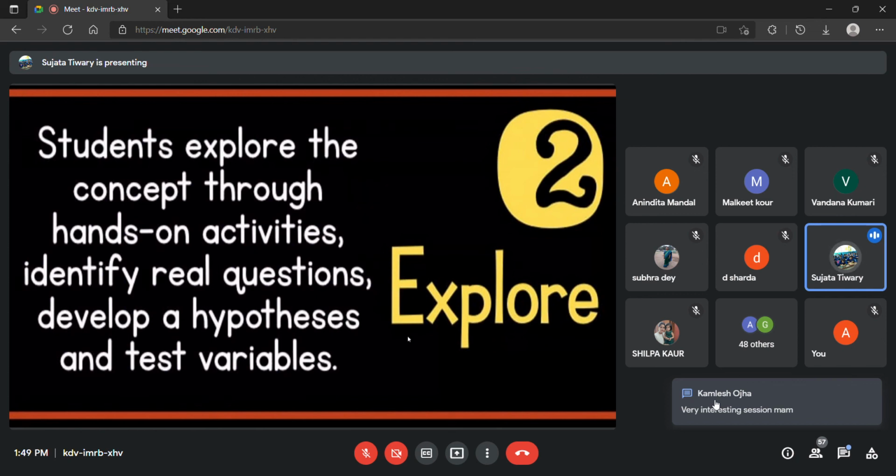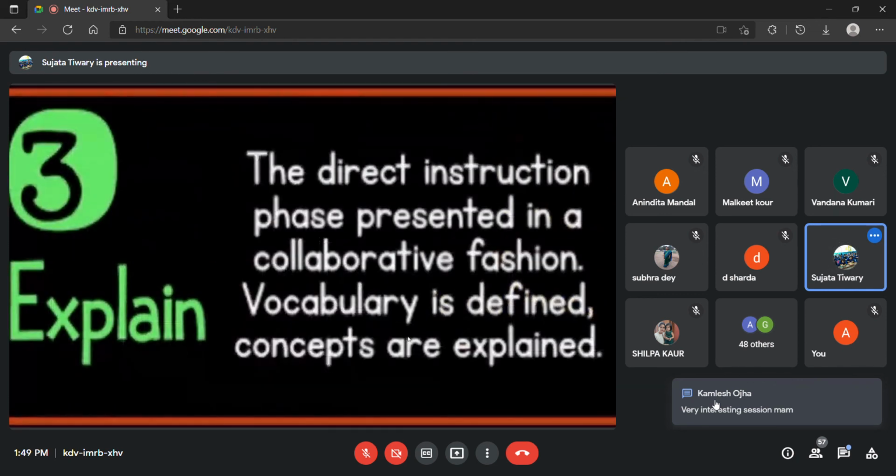The next one is explaining. Now they have identified the question. They know. Now they're explaining in the group. Suppose a group of the children have got China rose.